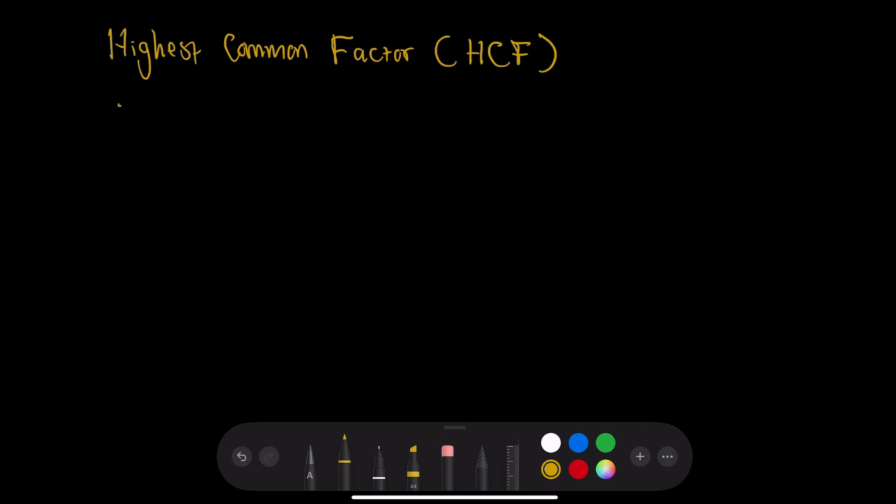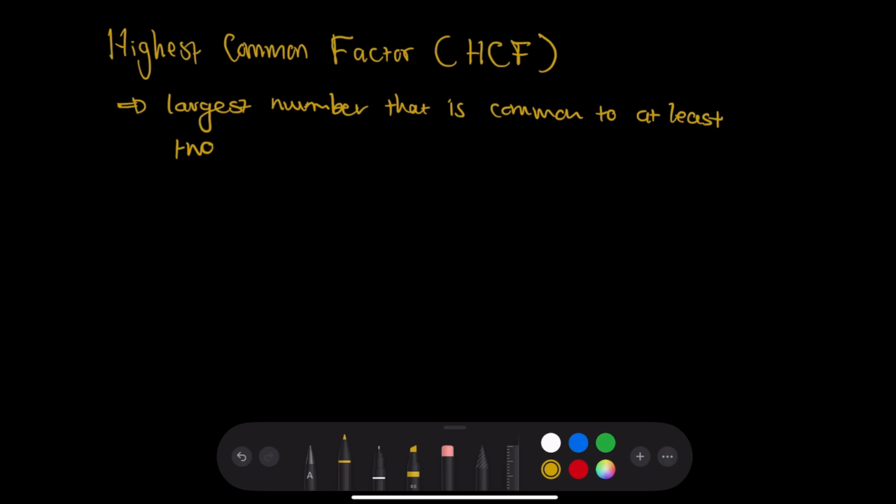So the highest common factor is the largest number that is common to at least two numbers.